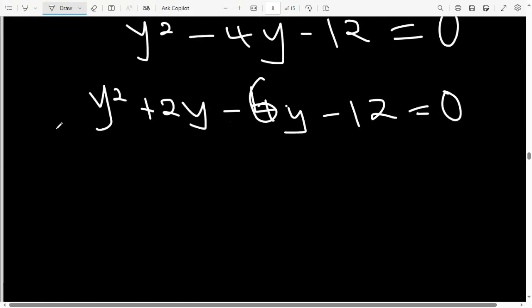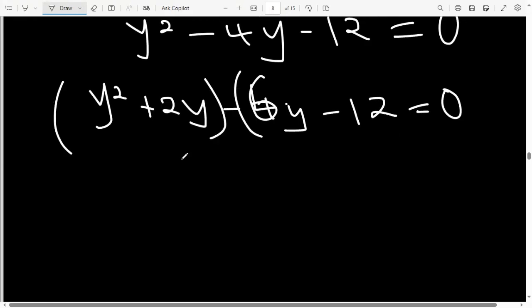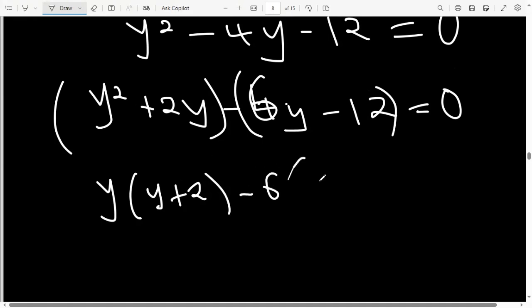Group this and this together. We have y common, remaining with y plus 2, and on the other side we have minus 6 times y plus 2 is equal to 0.